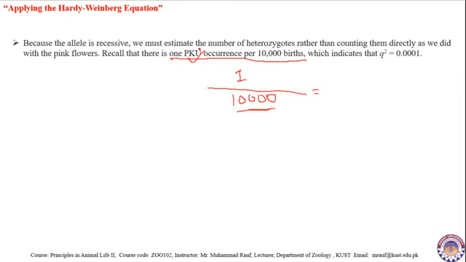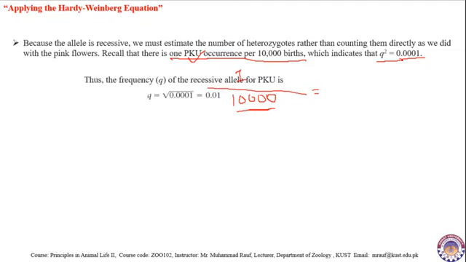So for the gene pair which when mutated results in PKU, we are only considering the genotype for that specific genes. So 1 out of 10,000 makes 0.0001. Now remember that it is the genotype frequency.